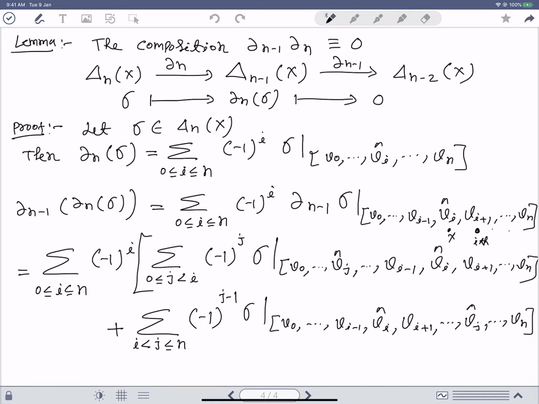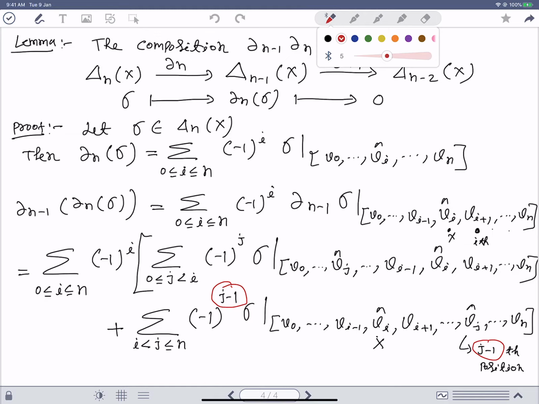Now you have to understand that since there is nothing here, this is my j minus 1 position. Because of this position we assume this. Now we close the third bracket.